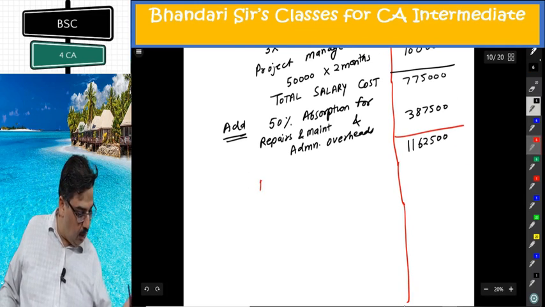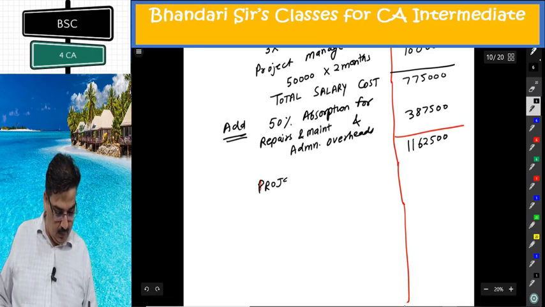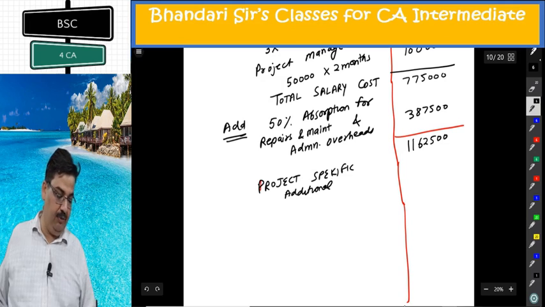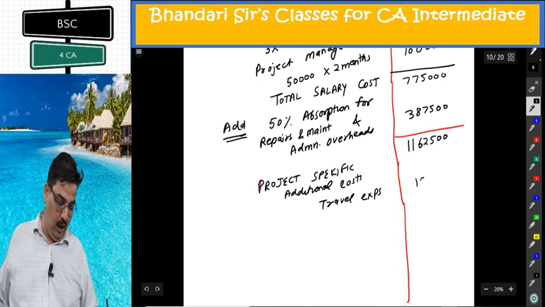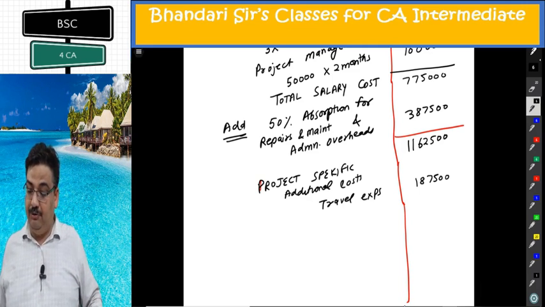Project specific additional costs. Travel expenses 187,500. 2 laptops were purchased. Capital cost 50,000 each. And life is estimated to be 2 years.